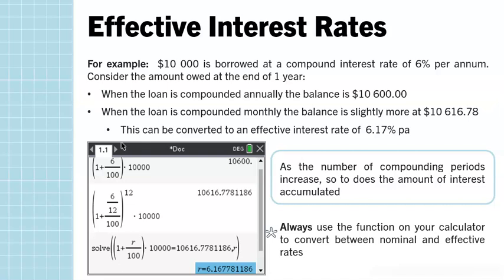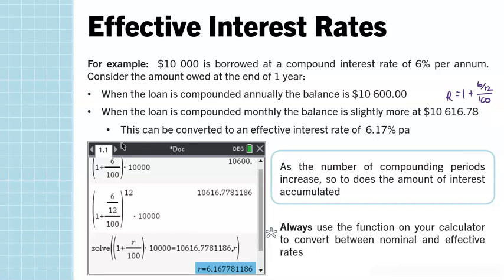If, however, the loan was compounded monthly, that would mean my multiplier R is 1 plus the 6% over 12 months, over 100. So I'm getting a smaller rate, but it's being applied 12 times through that first year.